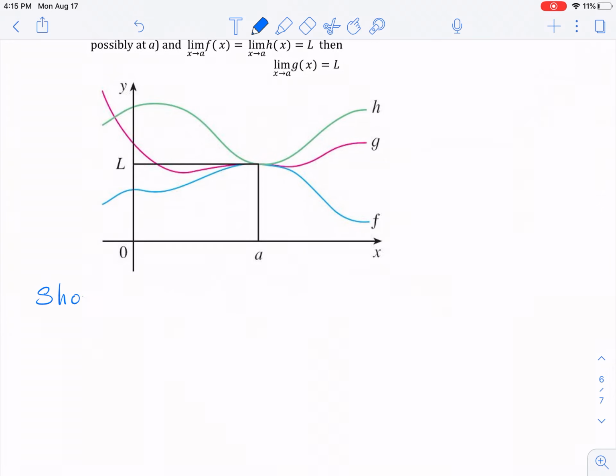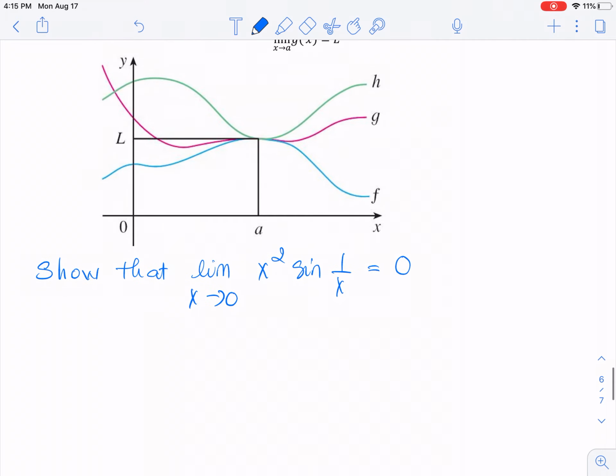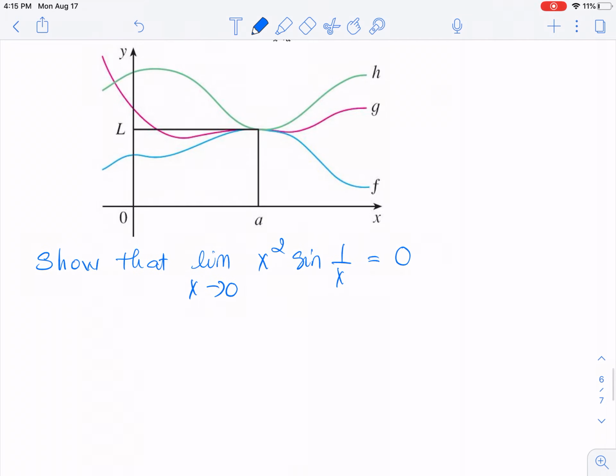So we want to show that the limit of x squared times sine of 1 over x as x approaches 0 is going to be 0. By the way, you do not want to use the multiplication limit law for this one, okay?